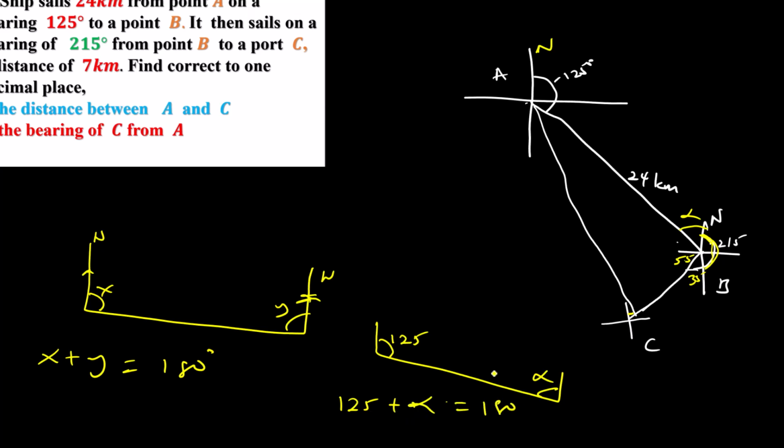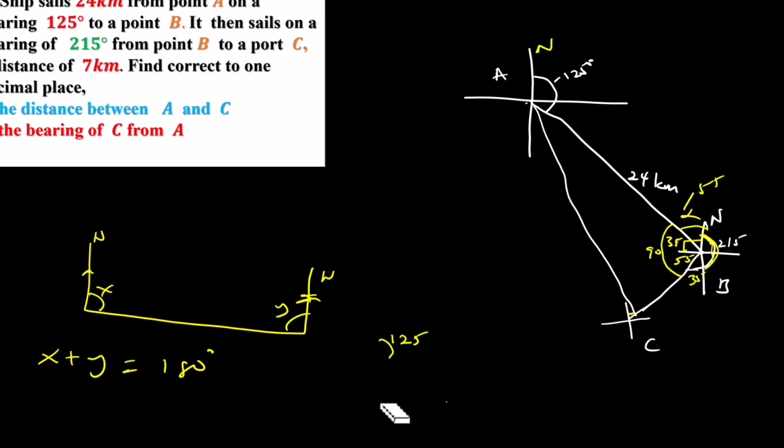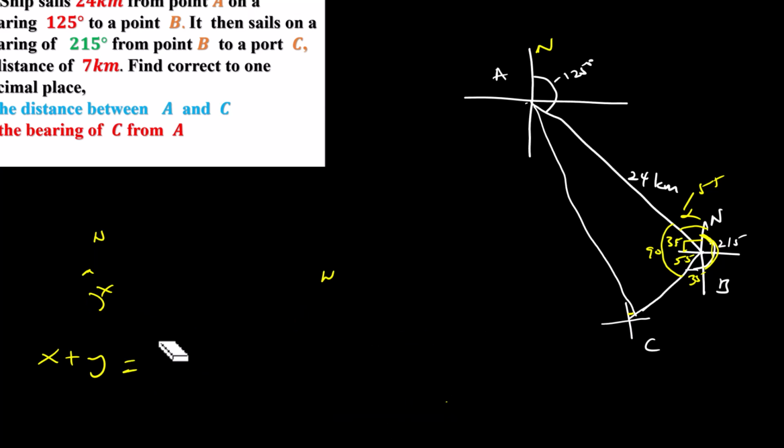So 180 minus 125 is 55. So alpha is 55. We know this side is 90, so 55 plus what value will give us 90? This side is 35. So 35 plus 55 gives us 90. It means at B, we form a right angle there.